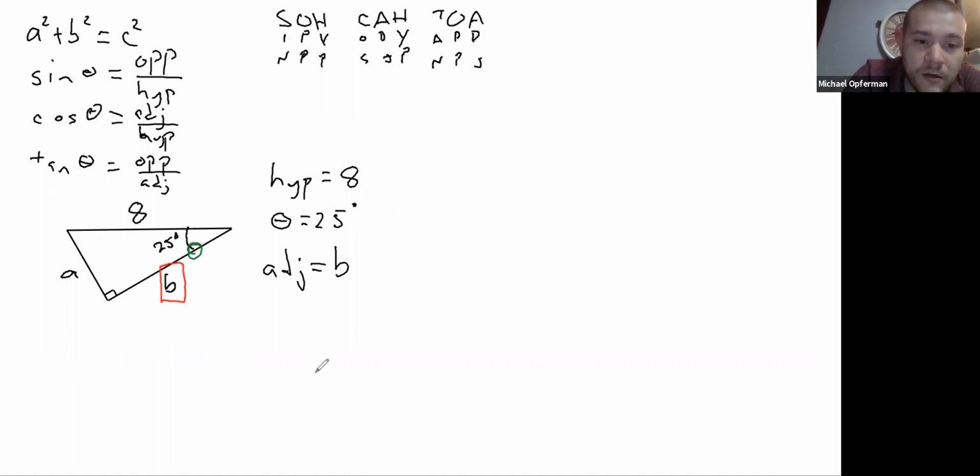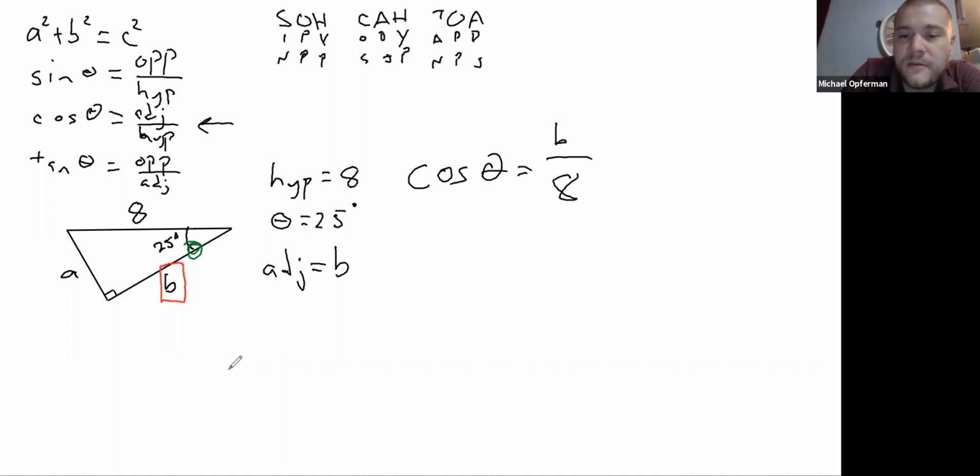Right here, the 25-degree angle actually touches side B. So I have hypotenuse, theta, and adjacent. That tells me I'm going to want to use cosine, because cosine has these three. So cosine of theta is adjacent, which is B, over hypotenuse, which is 8.